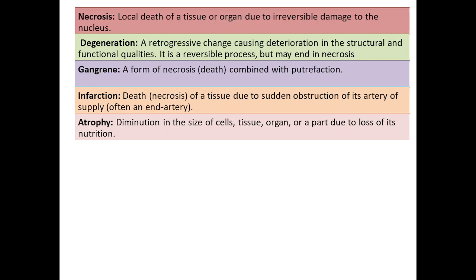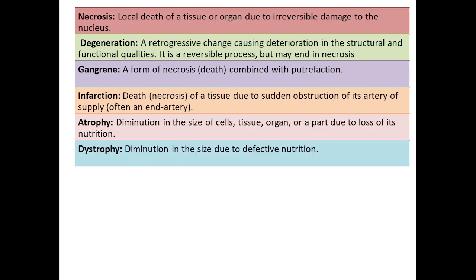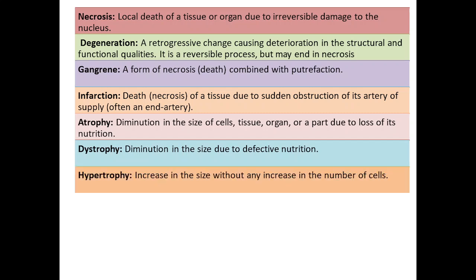Atrophy is diminution in the size of cells, tissues or organs or parts due to loss of nutrition. Dystrophy is diminution in size due to defective nutrition. Okay, atrophy is diminution in the size of cells due to loss of its nutrition.